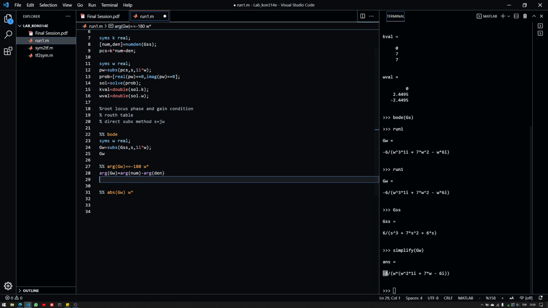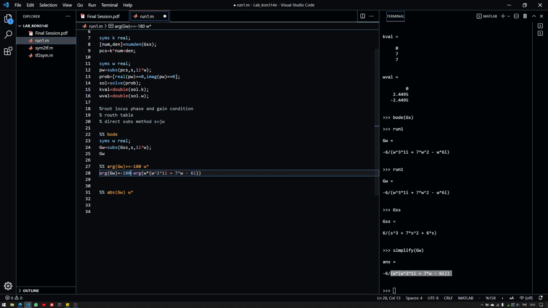So since this is minus 6, I have the argument of minus 6, and then minus the argument of the given expression here. Let's take it. Minus this argument here. Now, of course, this should be minus 180 degrees, and then minus this expression here.